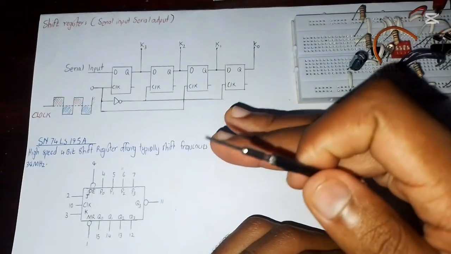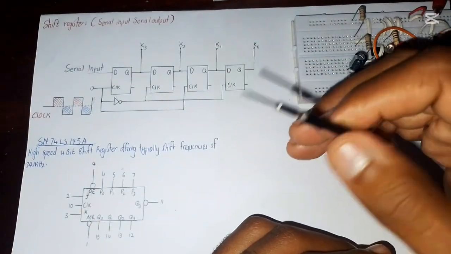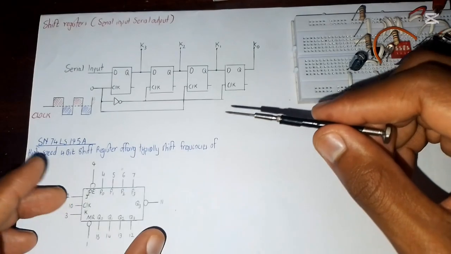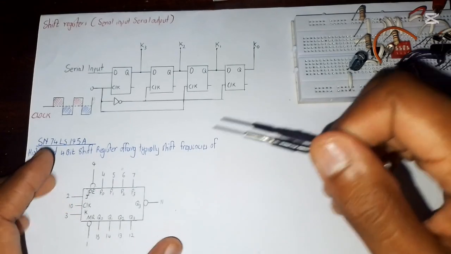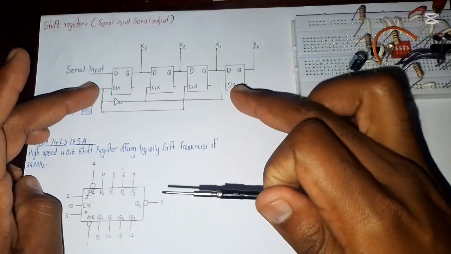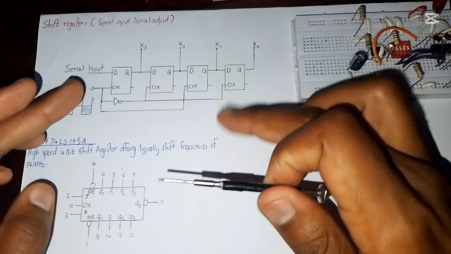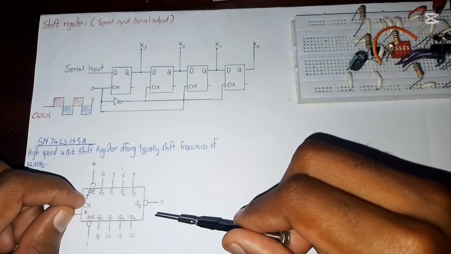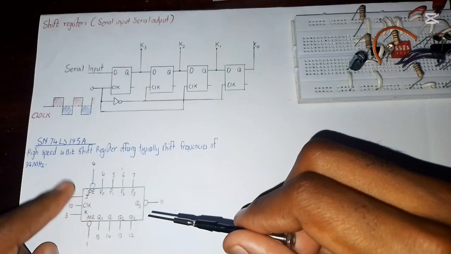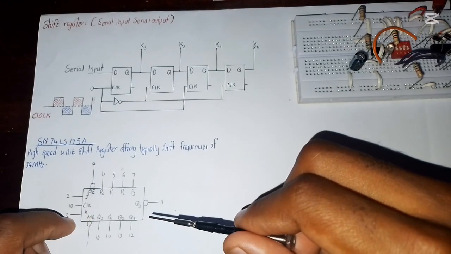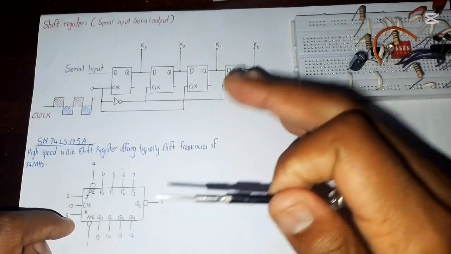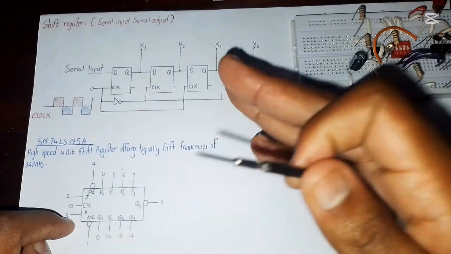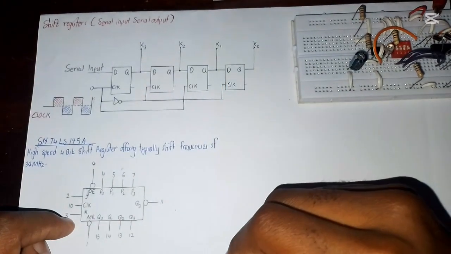So you can do basically all those configurations in one single IC. It doesn't necessarily look like this inside, because it has a lot of circuitry. It even has a JK flip-flop at pin number 2 and pin number 3. So it has some other circuitry inside to help it function the way it does.